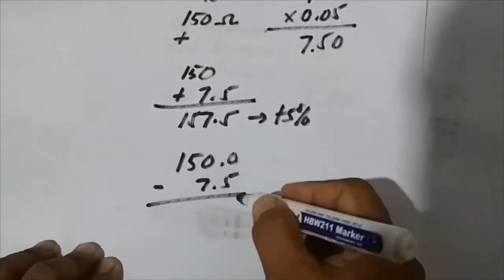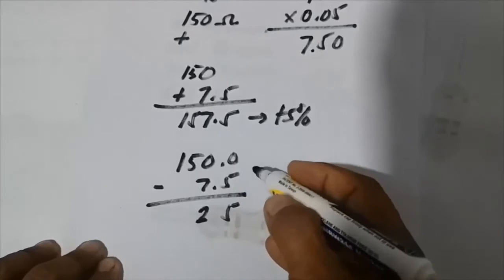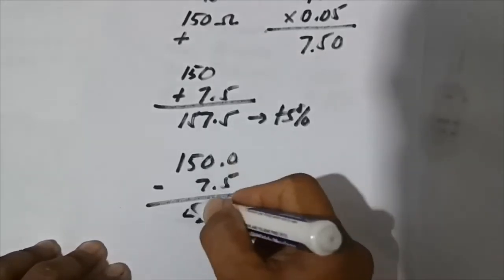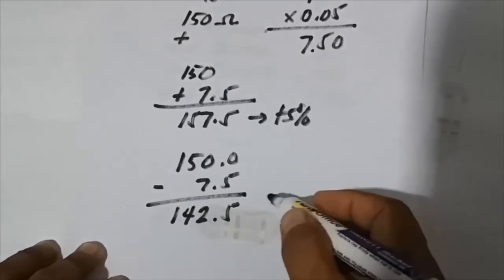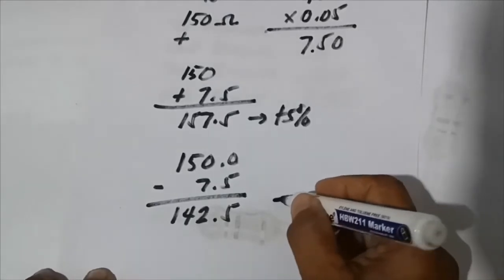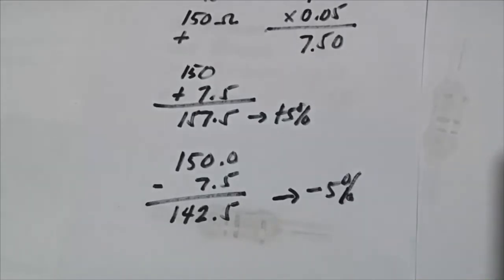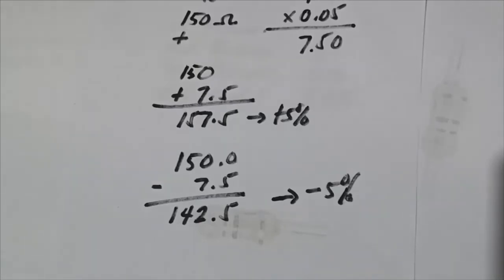So 150 minus 7.5 will give us 142.5, which is our negative 5% tolerance. This means that the 150 ohms resistor will operate from the actual measured value of 142.5 up to 157.5 measured value of resistance.